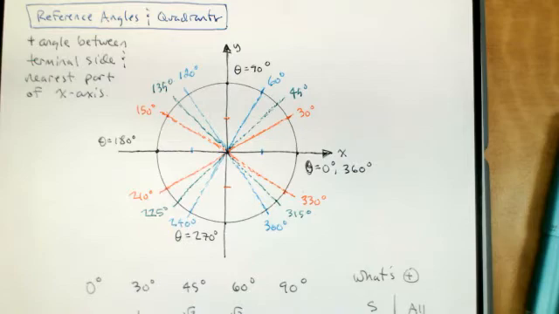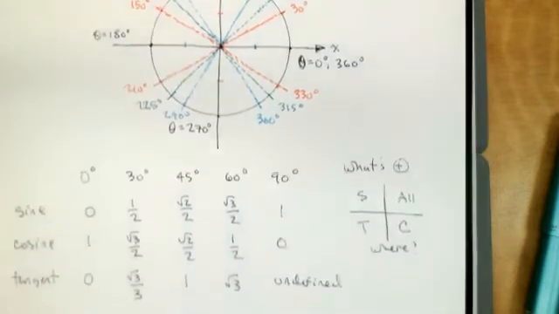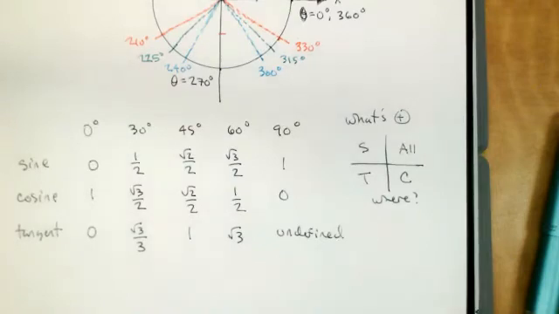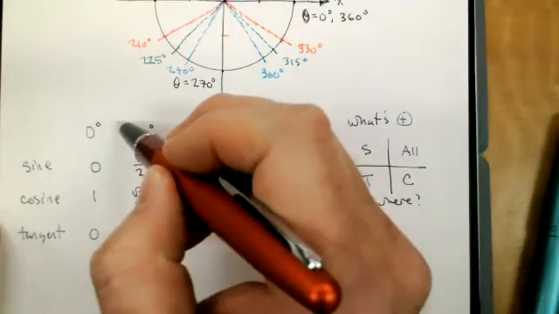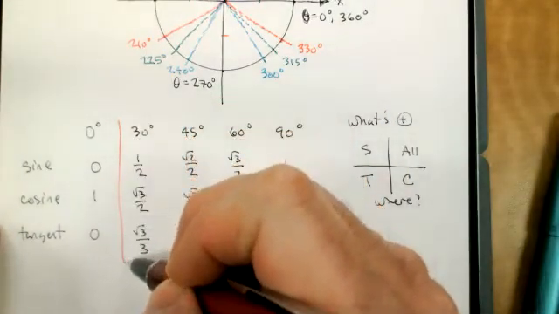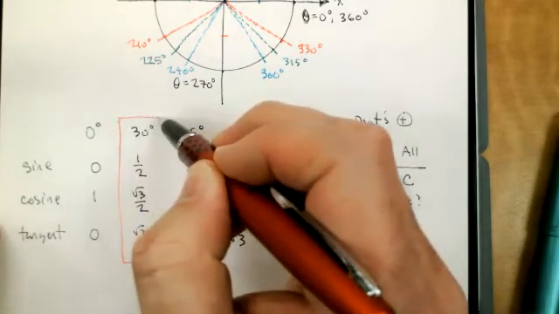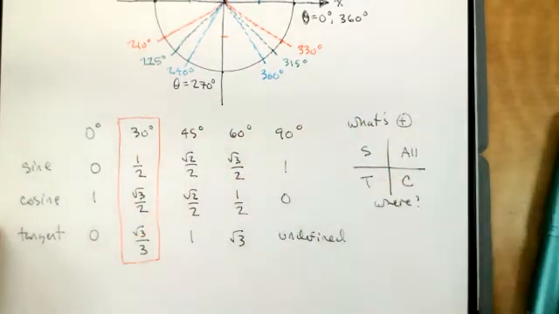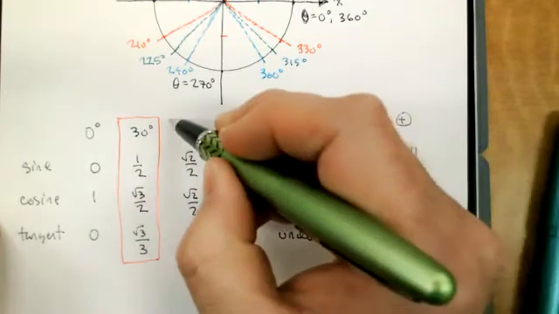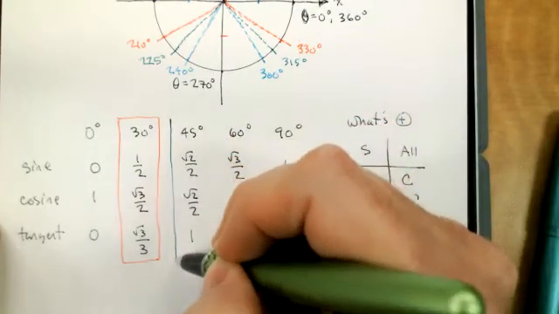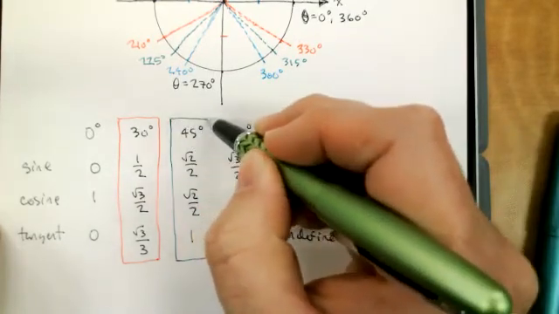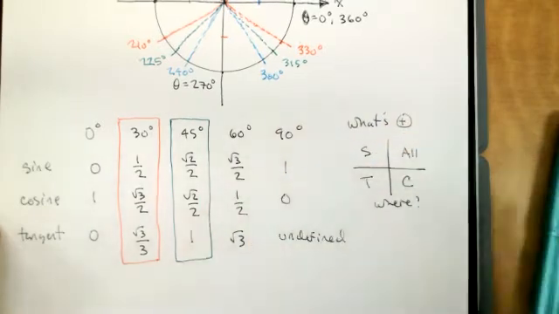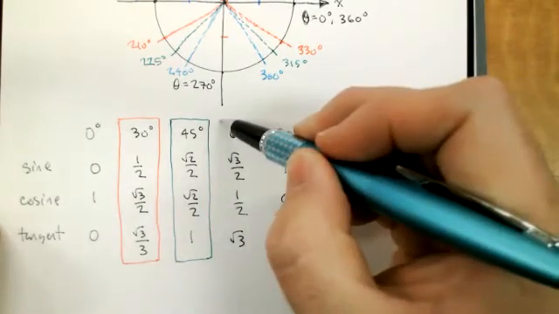So what we want to do is combine this information with the information down here. All my 30s are in this box. And the 30s in the picture are all marked in red. My 45s are all marked in green. And my 60-degree reference angles.